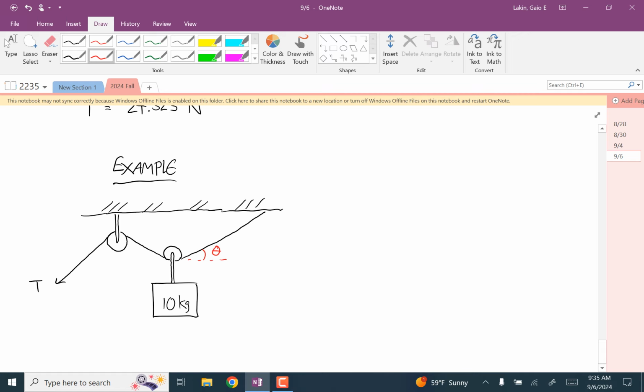In the last case we did, that theta would have been 90 degrees, and that has to equal this one in order to get equilibrium. And it would have to equal this one too if this wasn't rigid. If the connection between the ceiling and this pulley is rigid, then that angle could be anything.